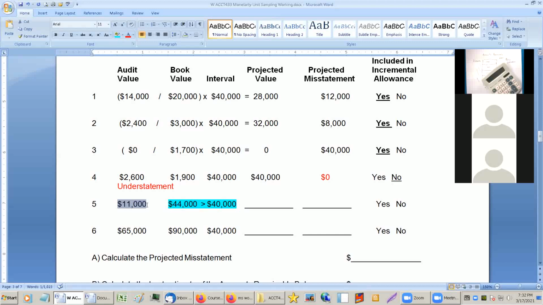The audit value was 11,000. For whatever reason, this is at 44,000. It was 100% sure that this would be caught.